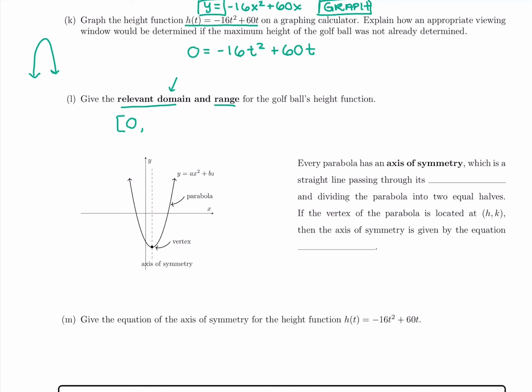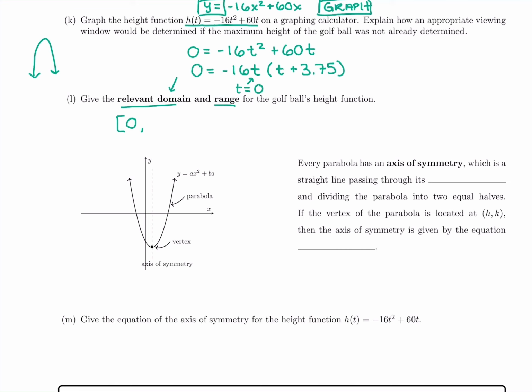So I want to think about the biggest numbers that go into 16 and 60. So say I want to pull out -16t. Well, -16t times t would give me -16t squared. And then 60 divided by 16 would be a positive 3.75. So there are 2 times where the ball hits the ground.